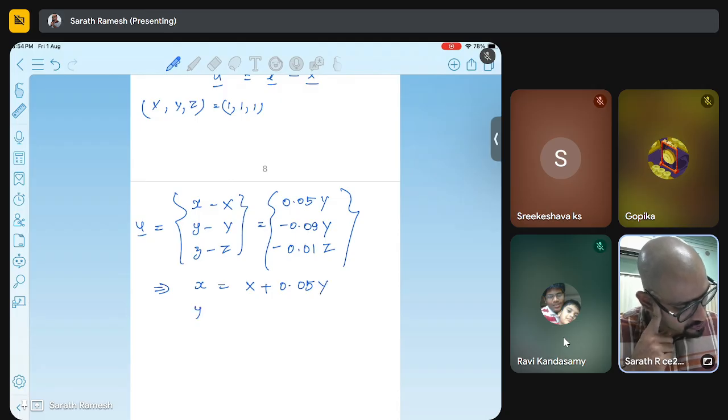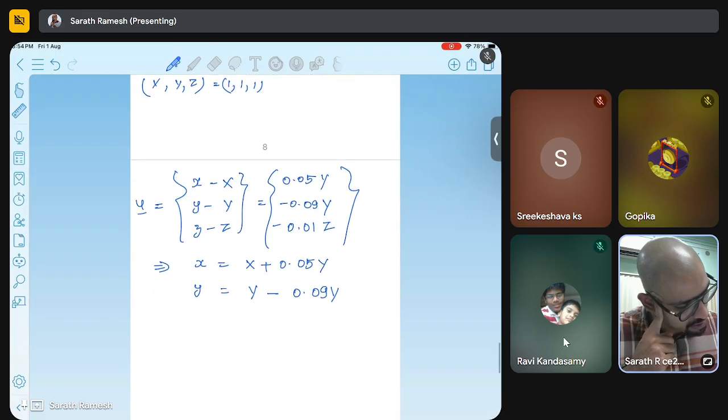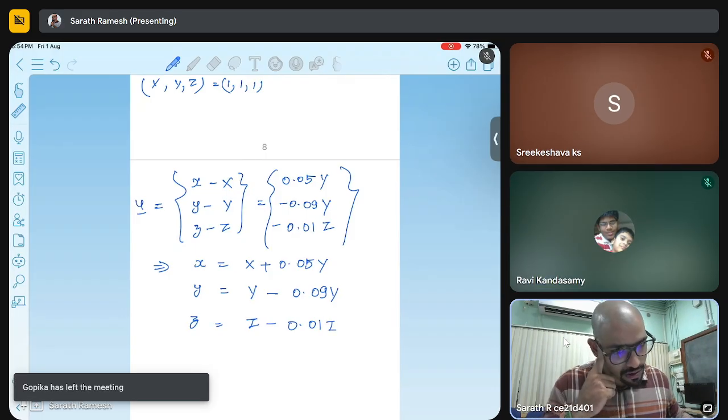That's it. So small y is equal to capital Y minus 0.09 capital X, right? And small z is equal to capital Z minus 0.01 capital Z. Okay, that's it.